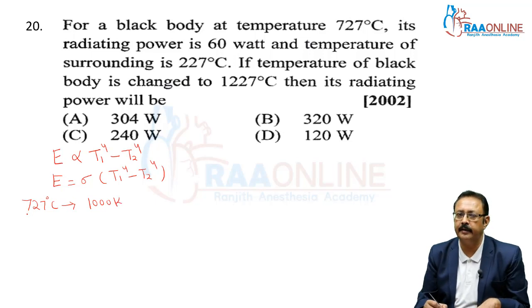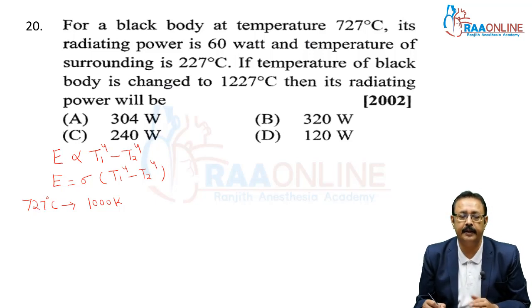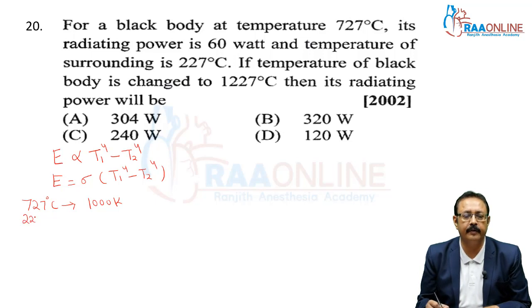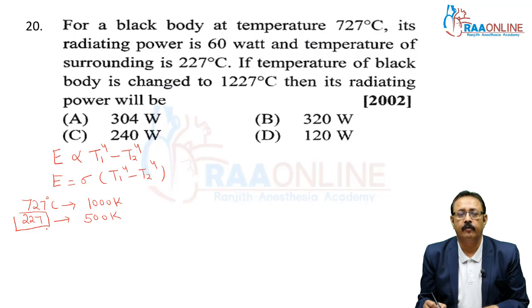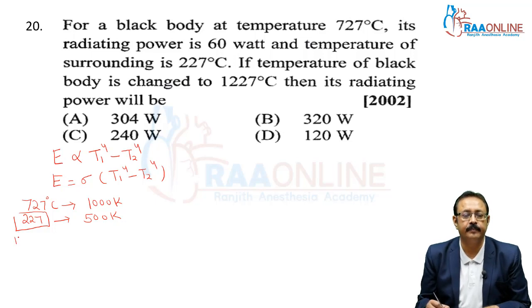And the temperature 227 of surroundings, which is constant in both the cases, corresponds to 227 plus 273, you will get 500 Kelvin. What about 1227 degrees Celsius? Adding 273, it will correspond to 1500 Kelvin.